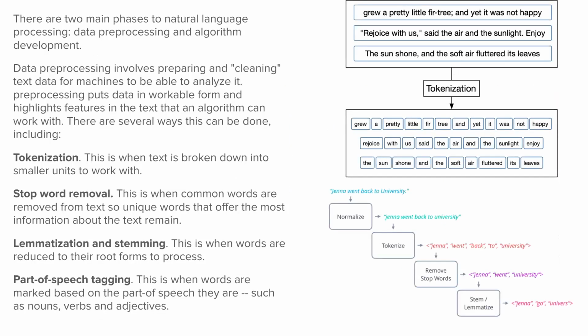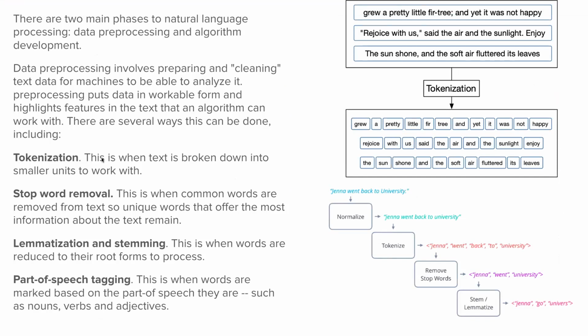Now, there are two main phases to natural language processing: data pre-processing and algorithm development. For you to be able to do textual analysis, you first have to prepare the text for analysis. And the first thing you always do is what we call tokenization.